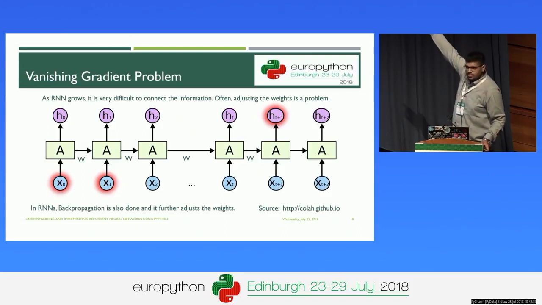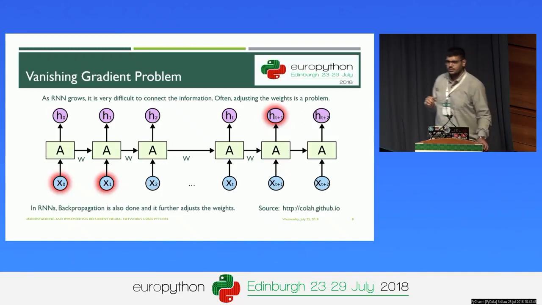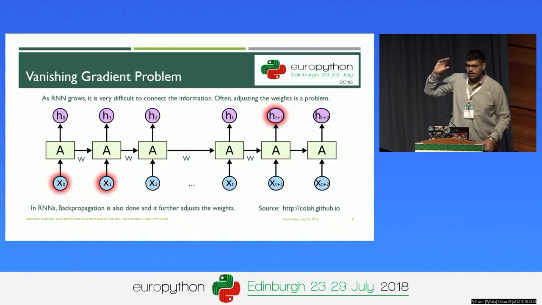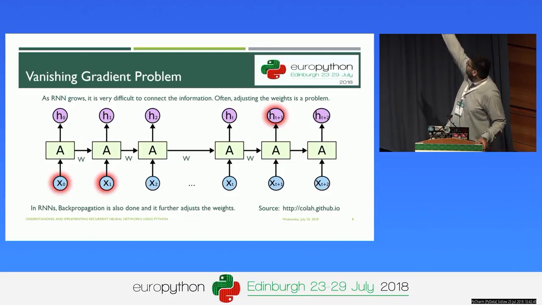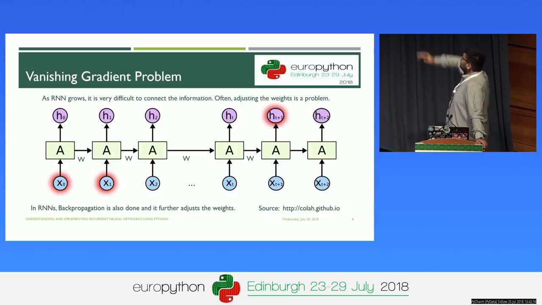Simultaneously, the output gets generated on the top. Now we have something called the loss function, which is the difference between the actual output and the predicted output. If the loss function for, say, ht plus 1 generates some error, say 0.15%, it needs to be backpropagated throughout the network.